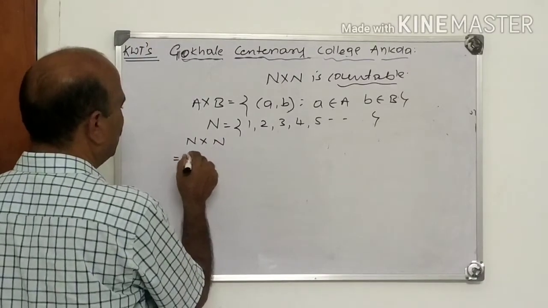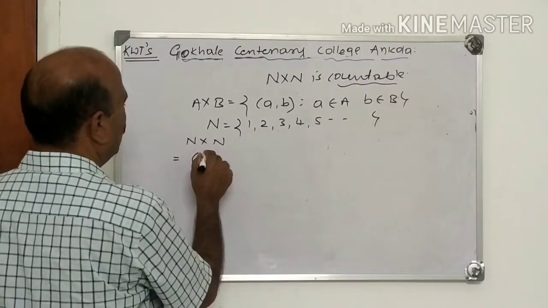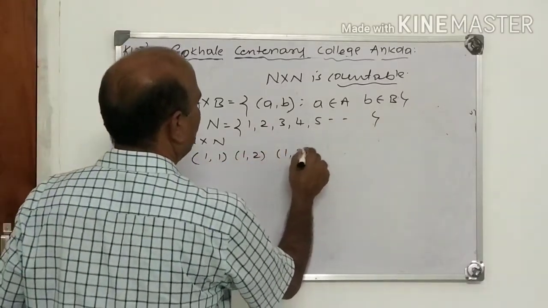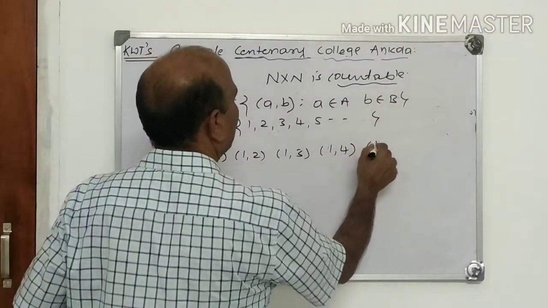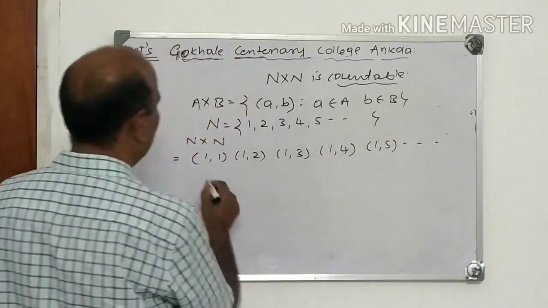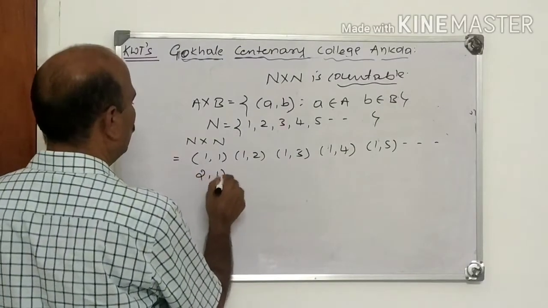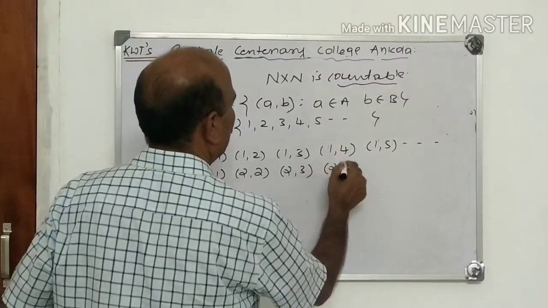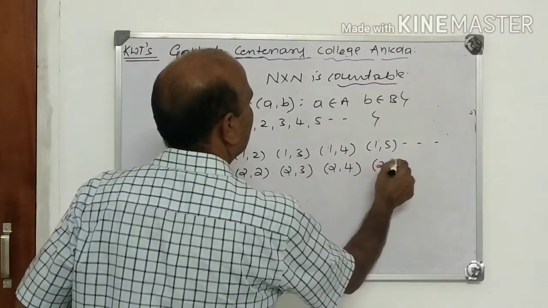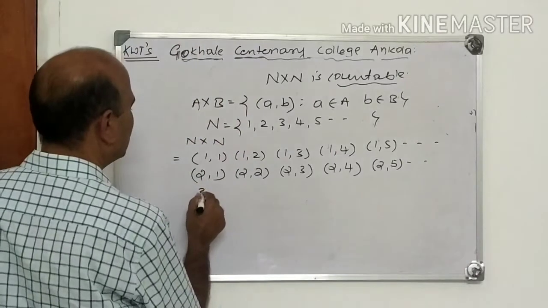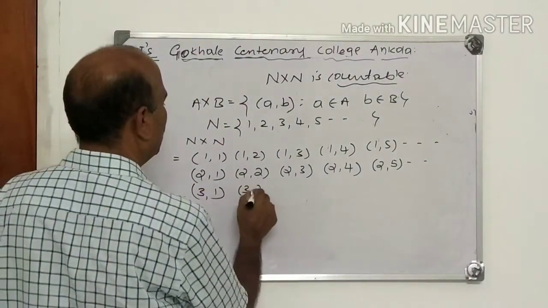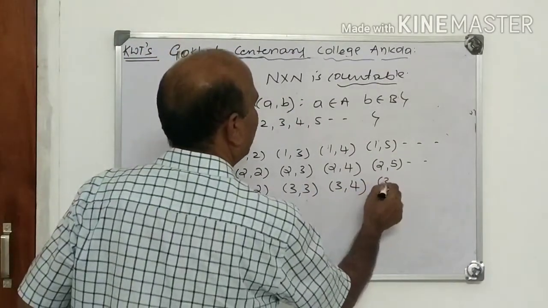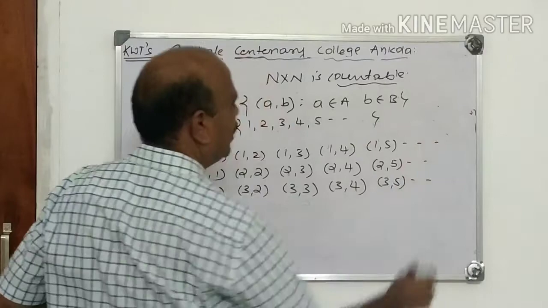N cross N is equal to (1,1), (1,2), (1,3), (1,4), (1,5), and so on. Next I take (2,1), (2,2), (2,3), (2,4), (2,5), and so on. Next (3,1), (3,2), (3,3), (3,4), (3,5), and so on. There are infinitely many elements.